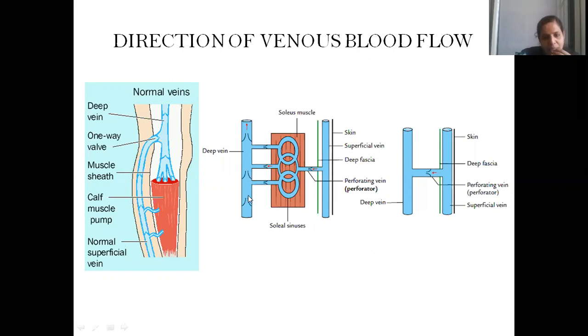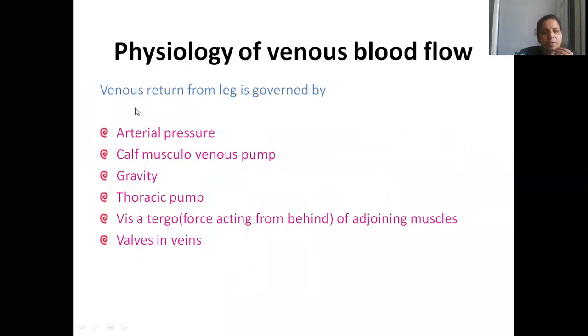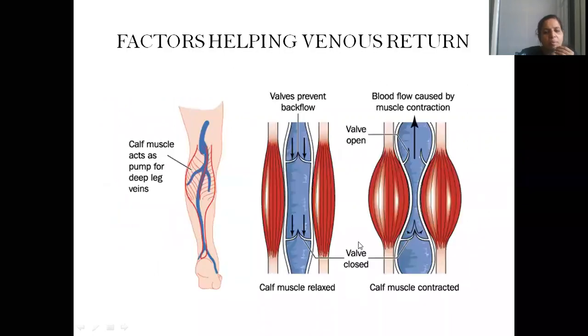See the direction of the valves, it is upwards, so that it facilitates the flow of blood towards the heart. Okay? So this is a one-way valve which will facilitate the flow of blood only towards the heart, in the upward direction, that is anti-gravity. The physiology of venous blood flow is not required.